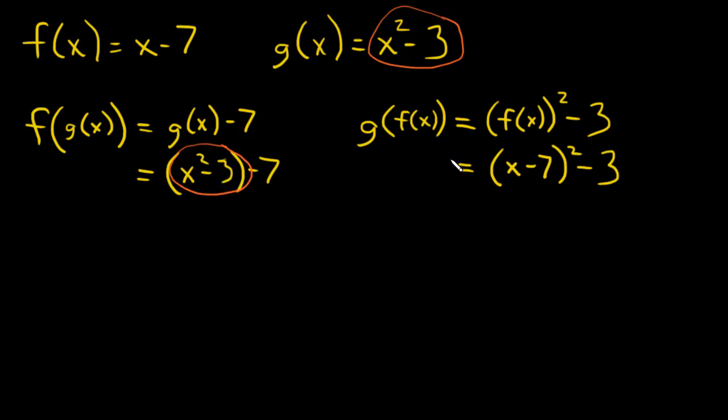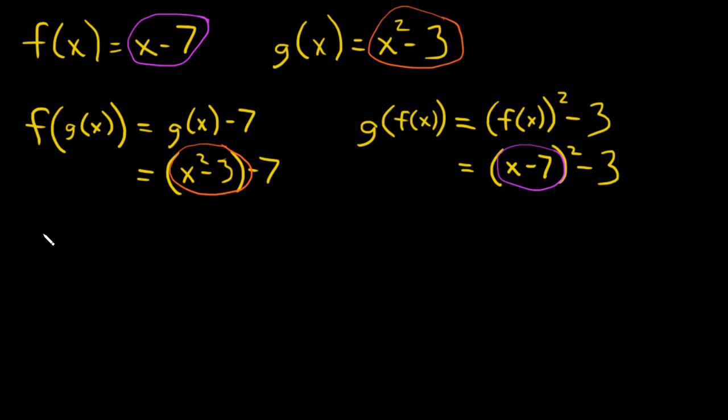And same thing over here. For my final expression, I've got x minus 7. Well, x minus 7 is my f of x, which means that the f of x had to be the interior piece. Okay?